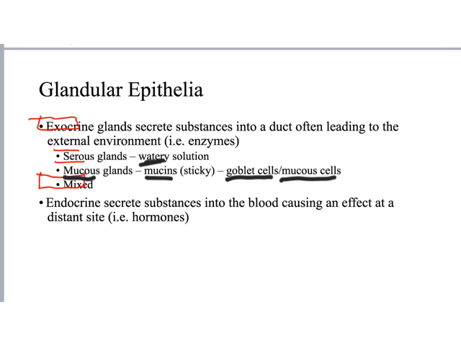Exocrine means that they're going to secrete their substance into the external environment. And that's opposed to endocrine secretions, which are not secreted into the external environment, but are secreted directly into the blood, and then they go around the body. So we're talking about things like hormones, things like insulin from the pancreas.